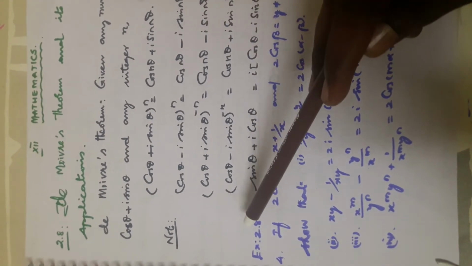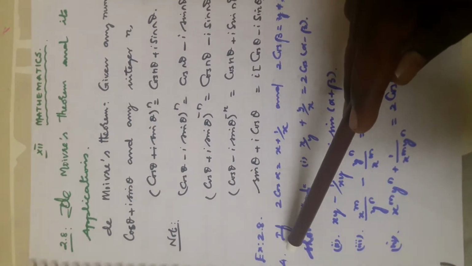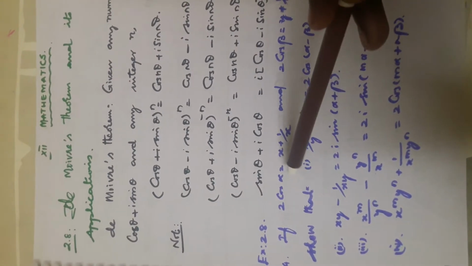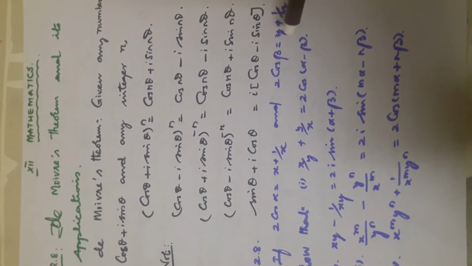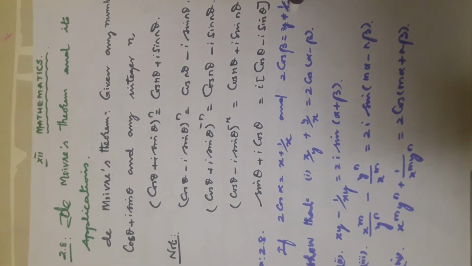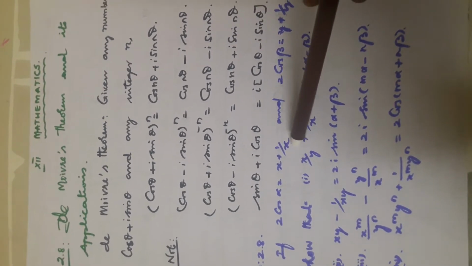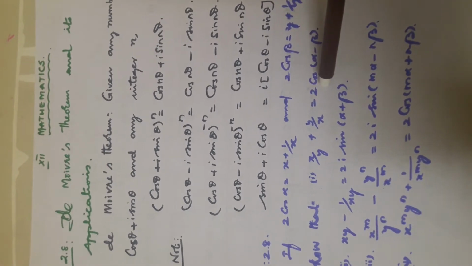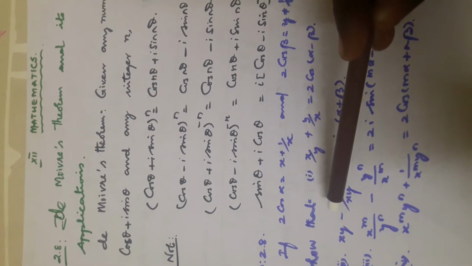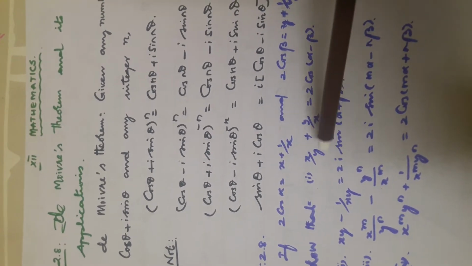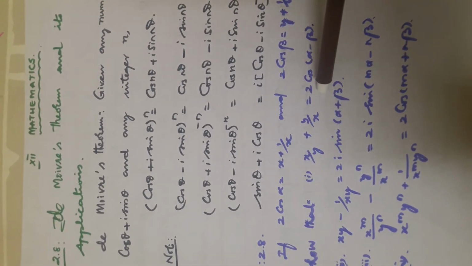Now exercise 2.8, question number 4: 2 cos alpha equals x plus 1 by x, and 2 cos beta equals y plus 1 by y. You have to prove that x by y plus y by x equals 2 cos(alpha minus beta). Number 2: xy minus 1 by xy equals 2i sin(alpha plus beta).